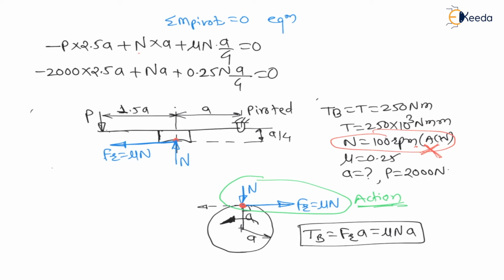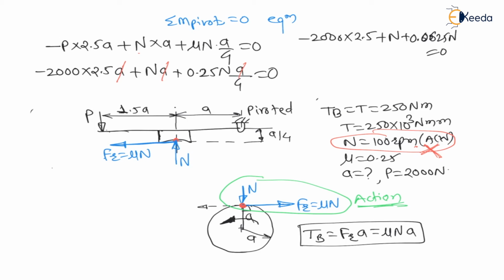Now from all sides this A will get cancelled. Therefore the equation becomes minus 2000 into 2.5 plus n plus 0.0625 n is equal to 0.